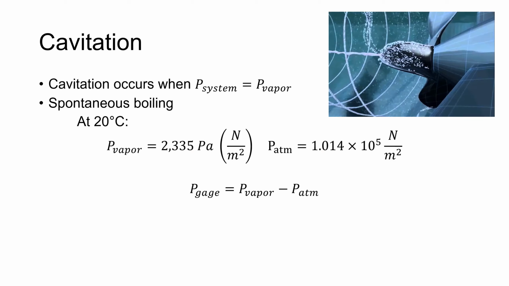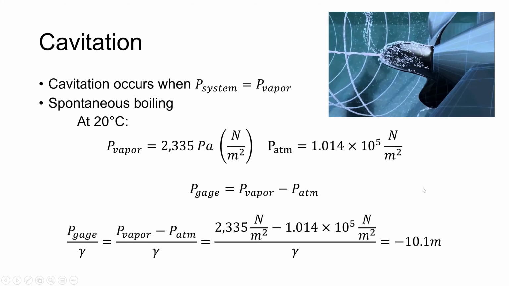We'll recall, so here's the design criteria. It's that the gauge pressure in your system, that pressure head, cannot go below vapor pressure minus atmospheric pressure. So you can have negative gauge pressure, and that's okay, where gauge pressure is 0 at atmospheric pressure, but if it goes below this difference, then you have trouble.